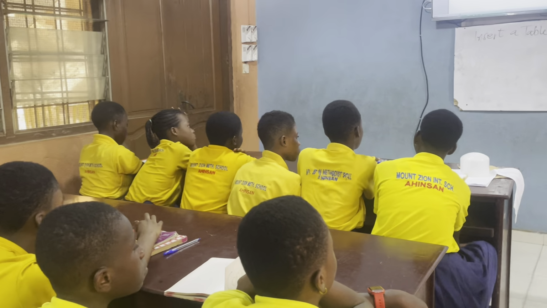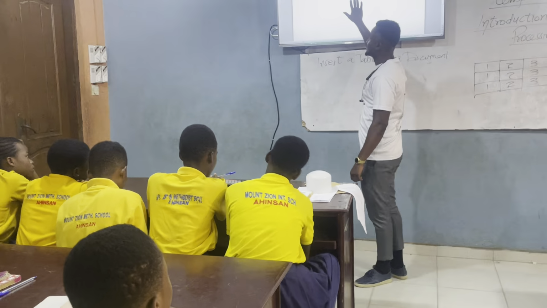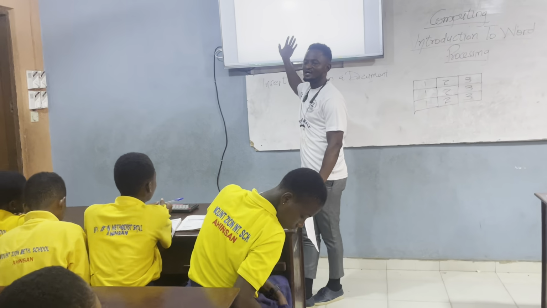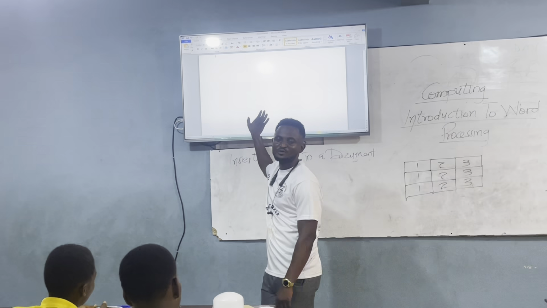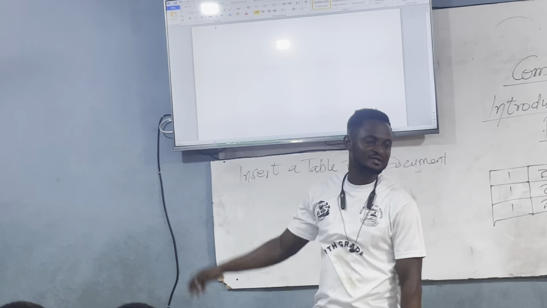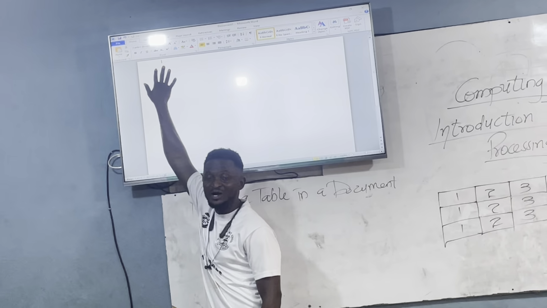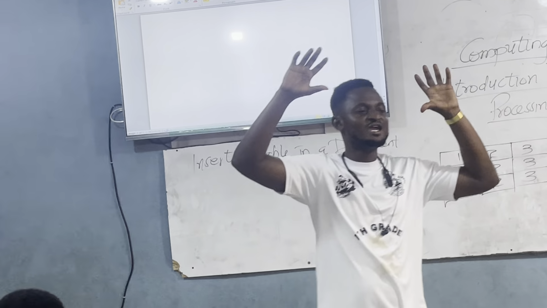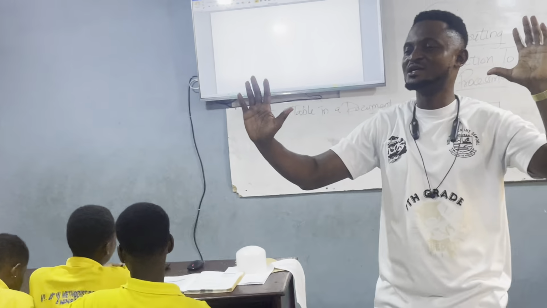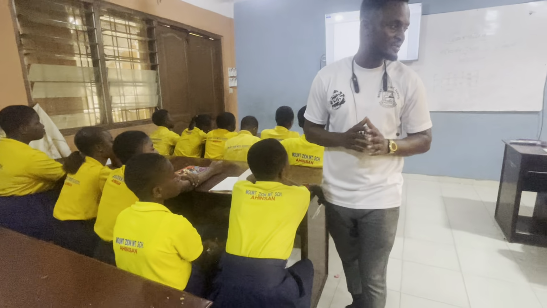So the first step for you is you place the insertion point on any area in the document where you want the table to appear. You place the insertion point, the blinking one.